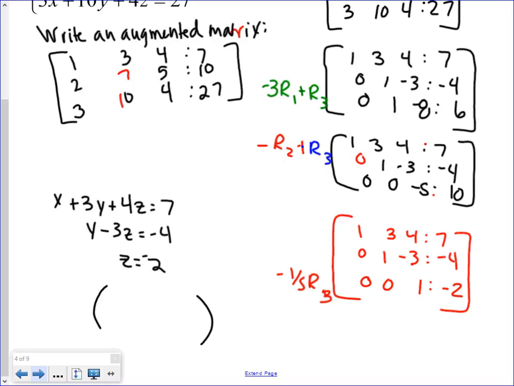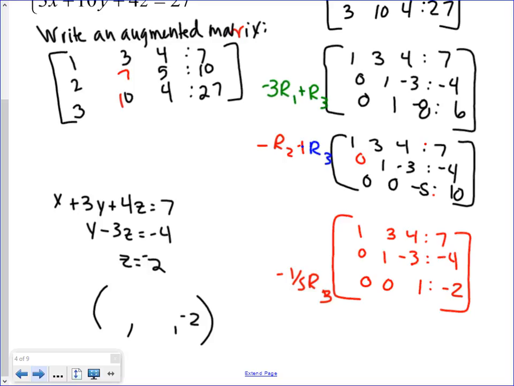We know that negative 3 times negative 2 would be 6. Good. Back substitution, right? You're just going to say z is now negative 2. That's the benefit of row echelon form, is that you immediately have one of your variables. So you know z is negative 2.